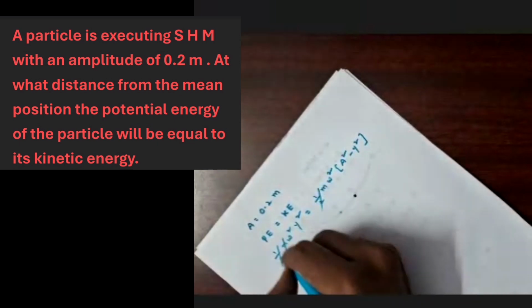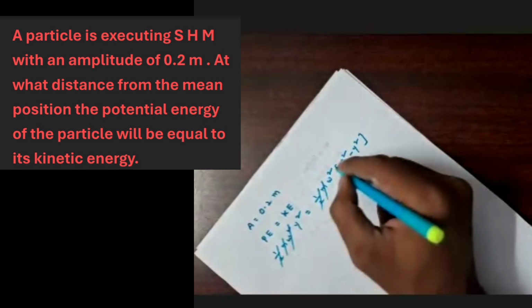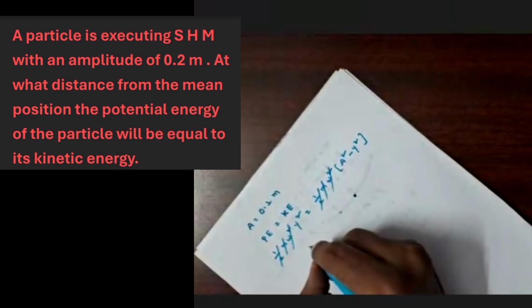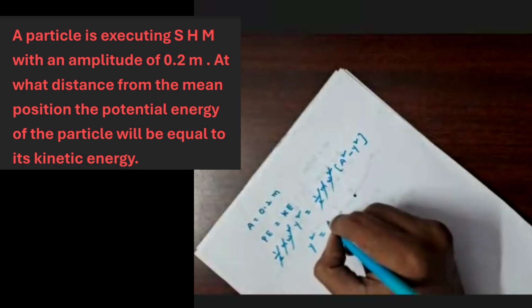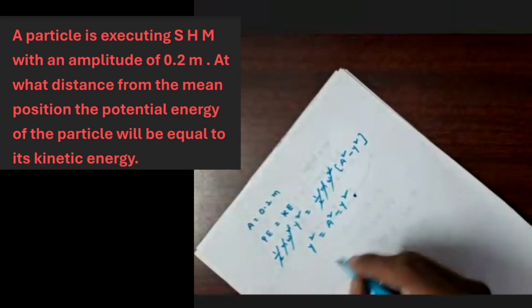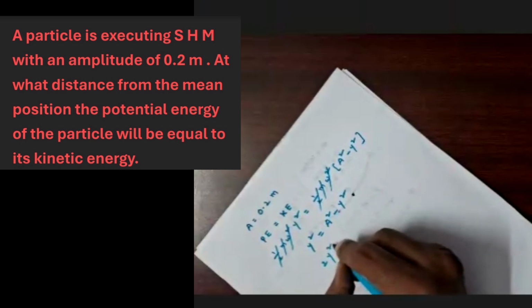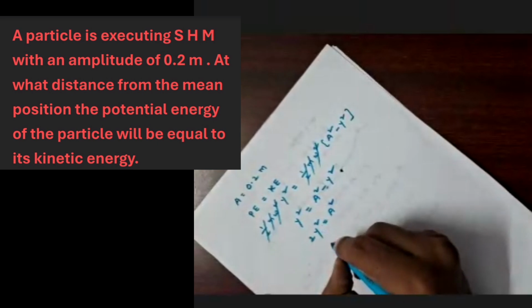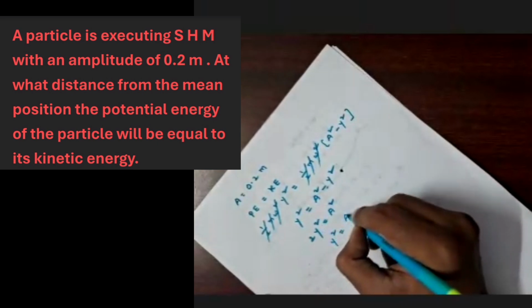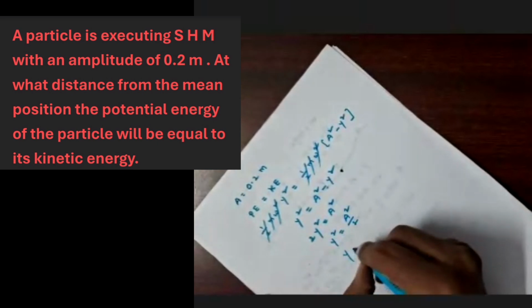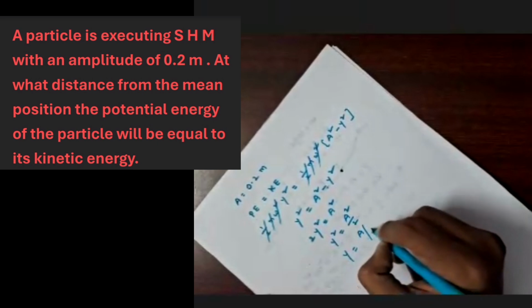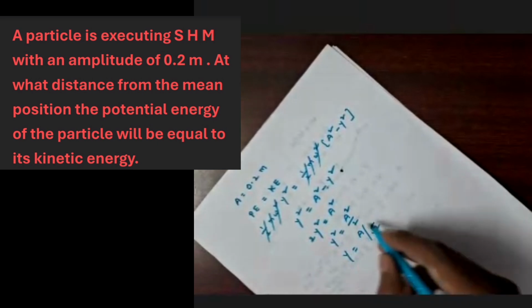Half gets cancelled, m also cancelled, omega square also cancelled. So y square is equal to a square minus y square. Take minus y square to this side, plus y square. Then 2y square is equal to a square, so y square is equal to a square by 2. Then y is equal to a by root 2. This is the general formula.